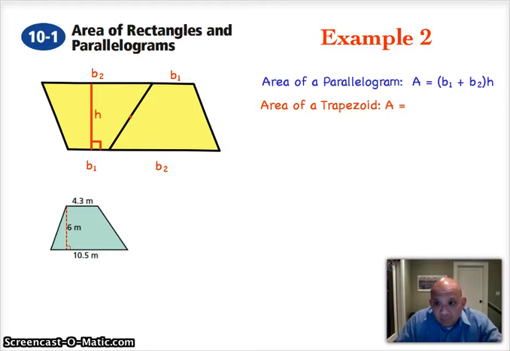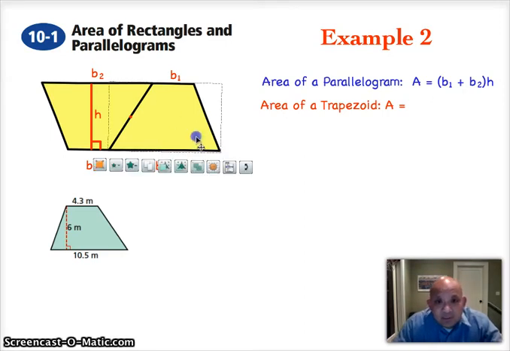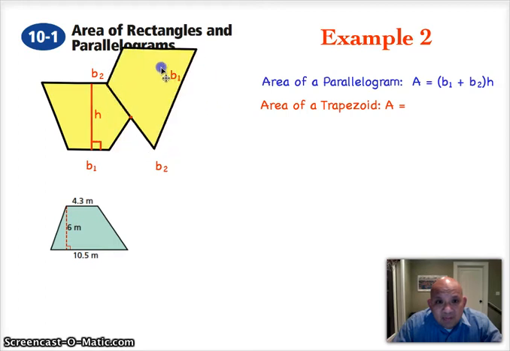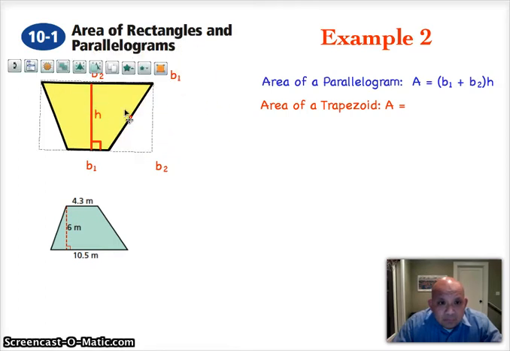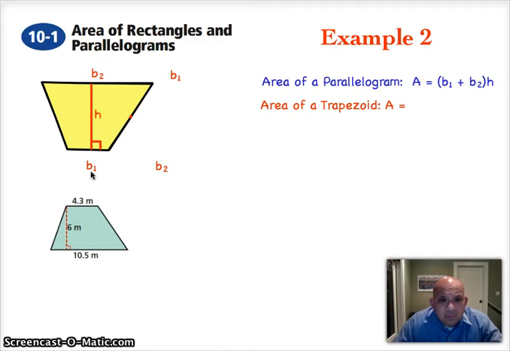Now, if one of the trapezoids were to disappear, in other words, if we took away half of the area, then we're left with base 1, base 2, and the height. For the full parallelogram, with those two trapezoids, it would have been this formula.